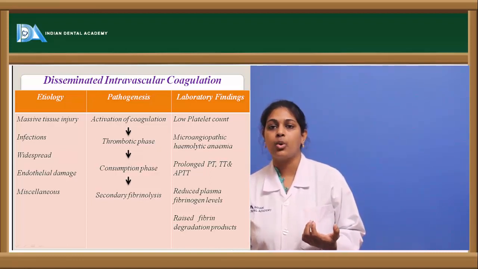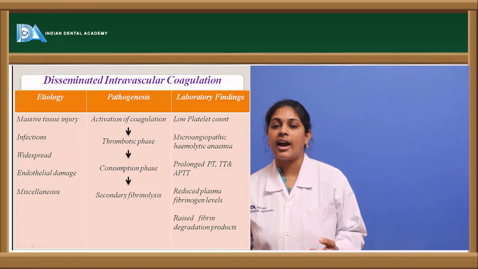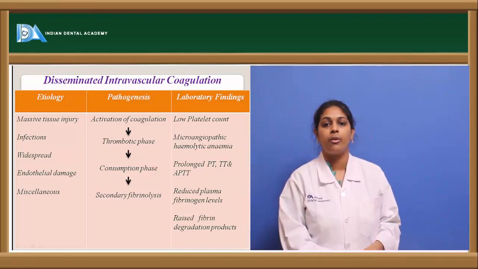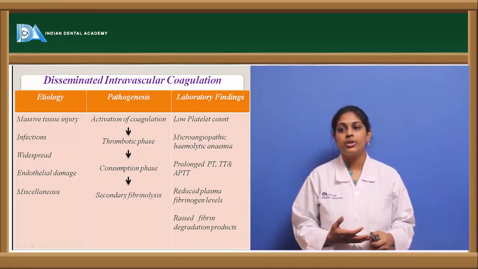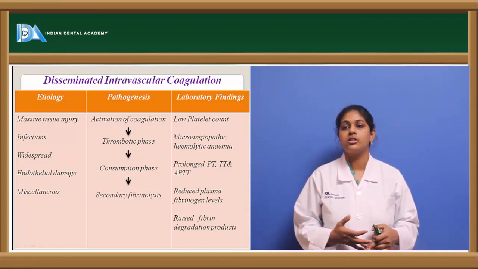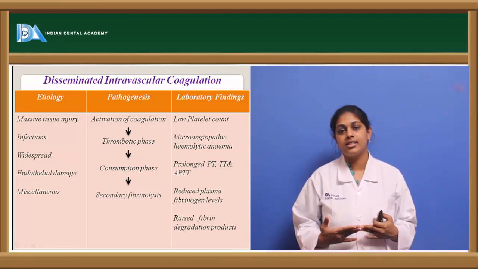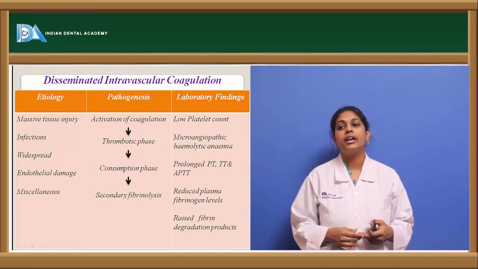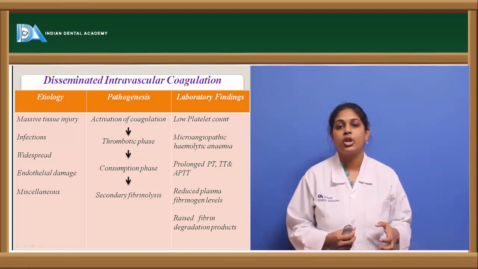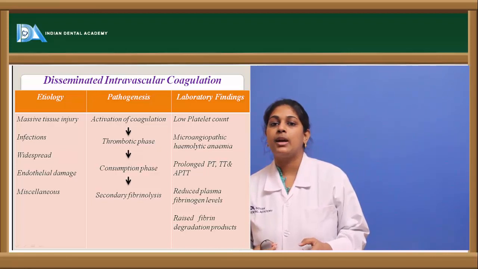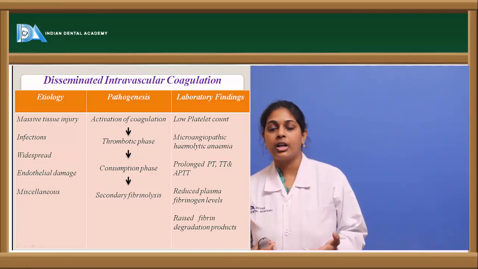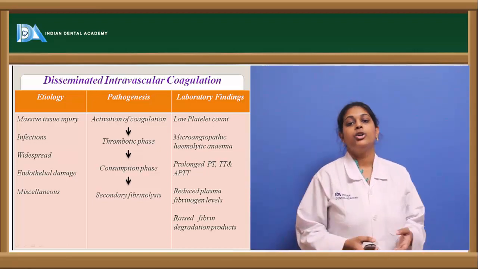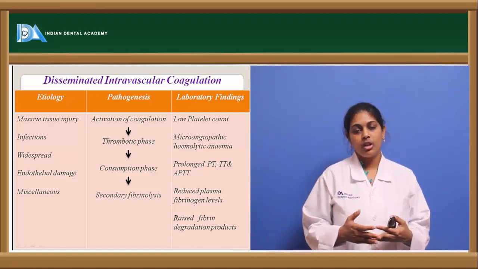The pathogenesis involves, initially, the activation of the coagulation system, that is the clotting factors which activate and result in the formation of a clot. This clot results in the thrombosis phase, that is it gets dislodged and reaches the blood circulation, and thereby it goes into the consumption phase, that is the clotting factors as well as certain other contributing factors in the clotting system are consumed rather than functioning in the formation of clot.